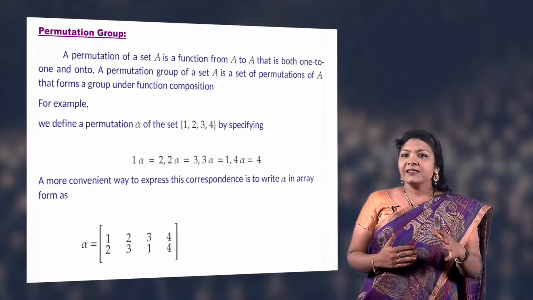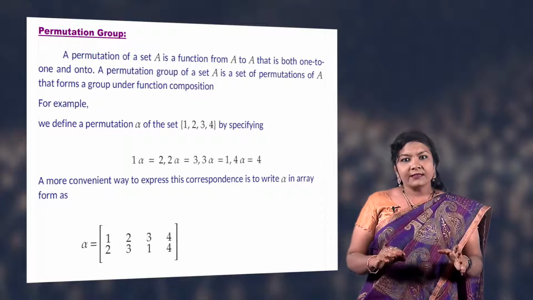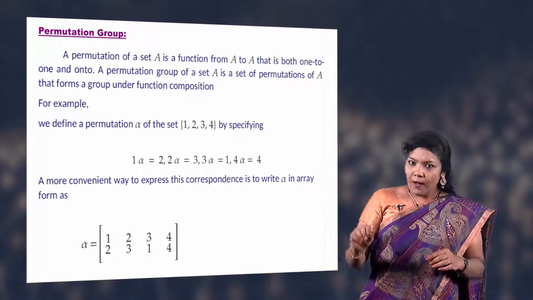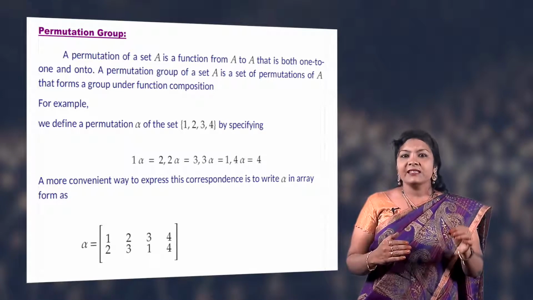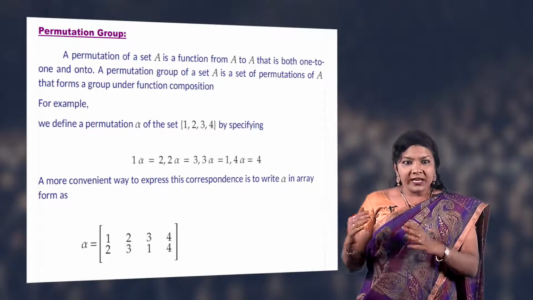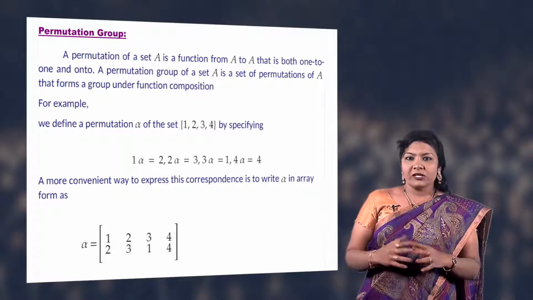What is a permutation group? A permutation of a set A is a function from A to A that is both one-to-one and onto. A permutation group of a set A is a set of permutations of A that forms a group under function composition.